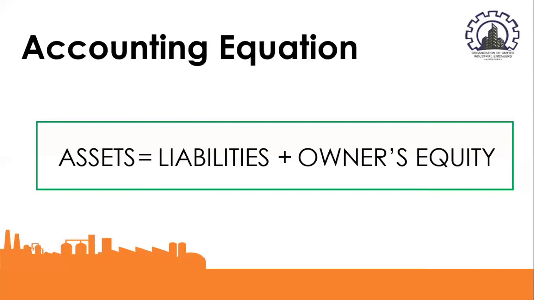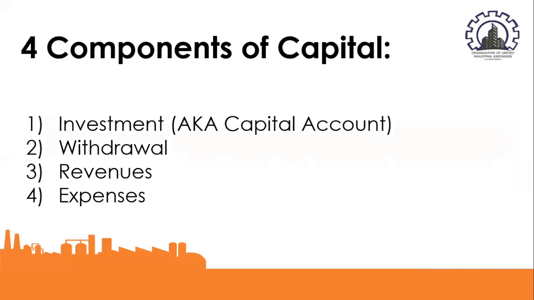This is the residual interest in the assets of the entity after deducting all of its liabilities. Remember that there are four components of capital: first, investments, also known as the capital account; second, withdrawals; third, revenues; and finally, expenses.